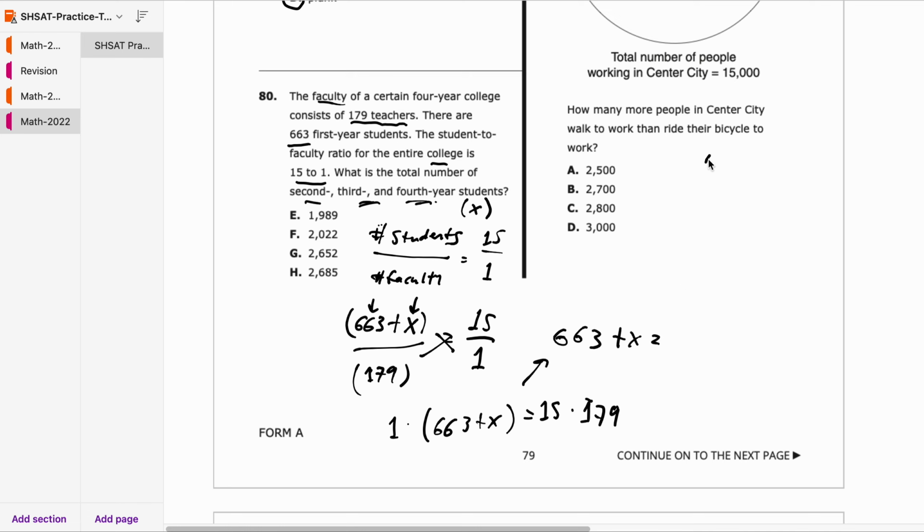Here, I guess we can just crunch that out. Okay, so that would be 15 times 179. So let me clear up some space.